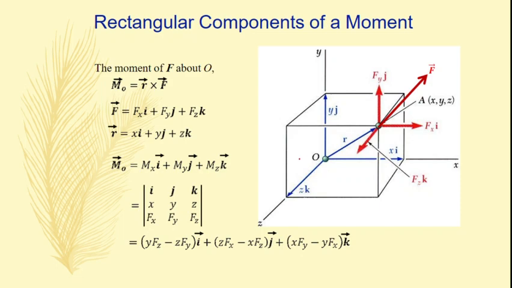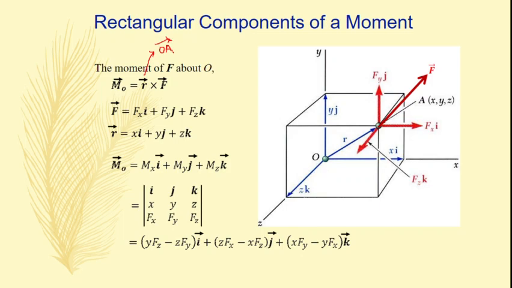If we want to calculate the moment of this force about the origin O, we first have to take the position vector from O to point A. The position vector in this case is OA. In place of this r, we can write the OA position vector.